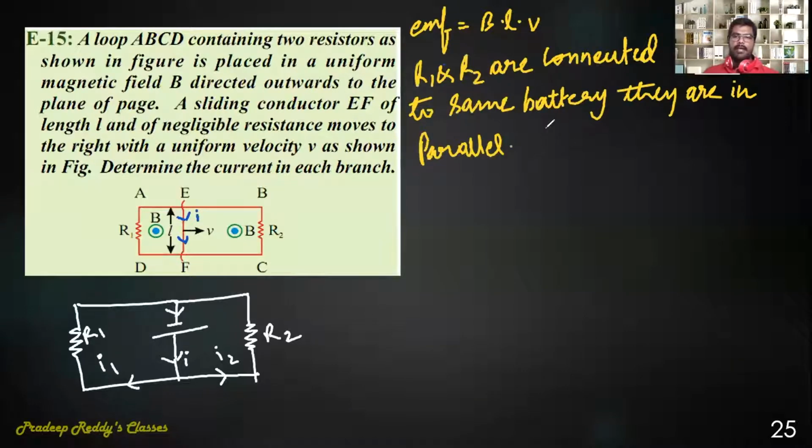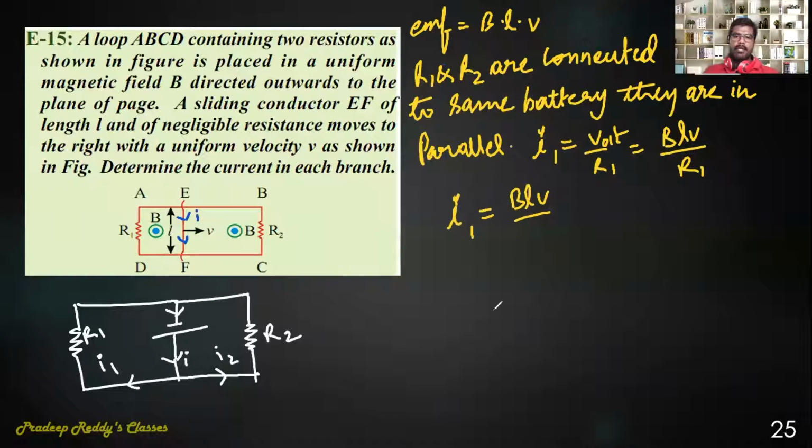As they are connected in parallel, I can write I1 is equal to V divided by R1. But what is V? V is equal to BLV, voltage. This is voltage divided by resistance. So current in the circuit I1 is equal to BLV divided by R1. Current in the second resistor I2 will be equal to BLV divided by R2. So these are the values of current I1 and I2 in each branch of the circuit.